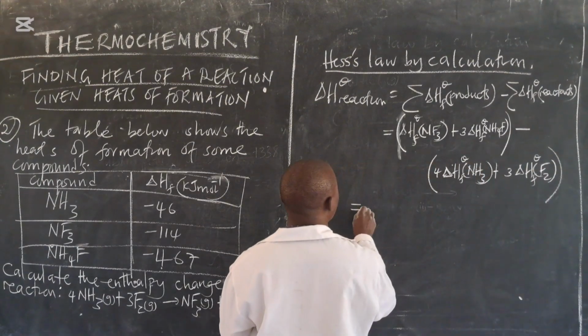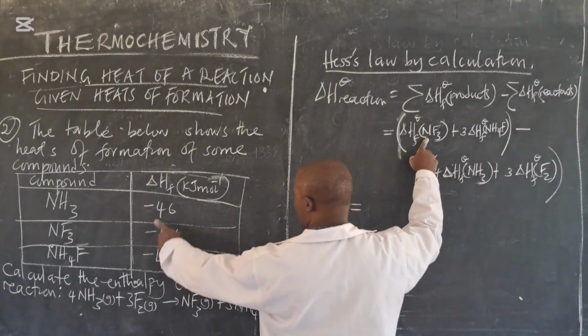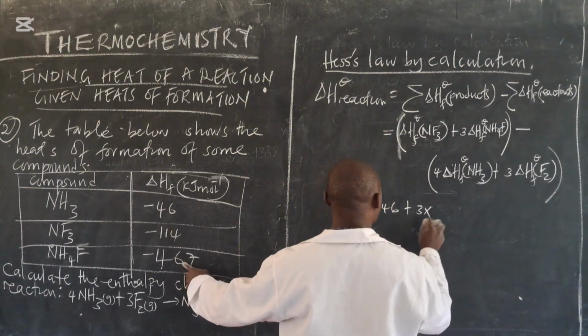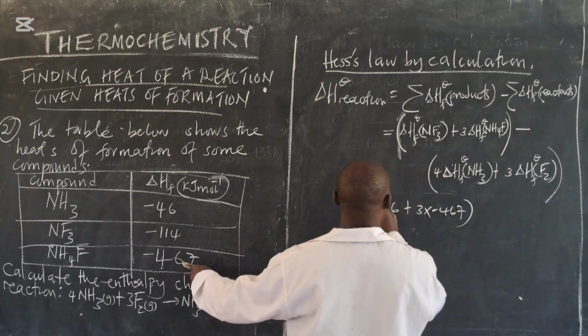So I substitute the values. NF3 is negative 114, plus 3 times for ammonium fluoride, that's negative 467.